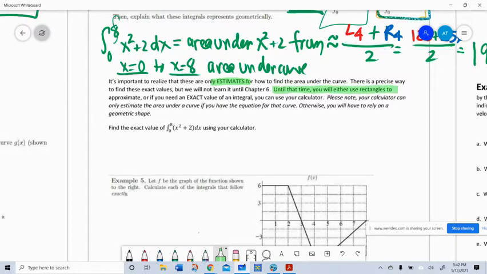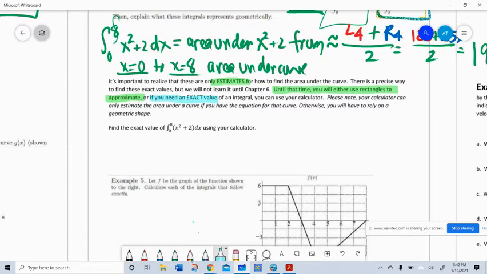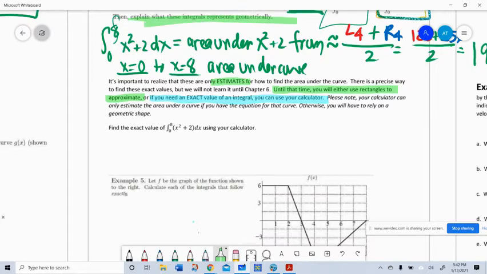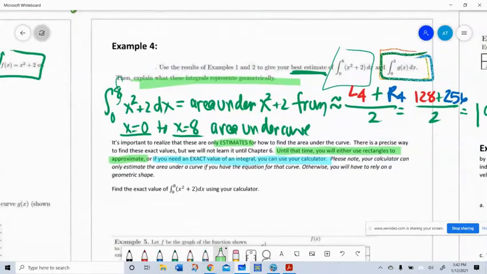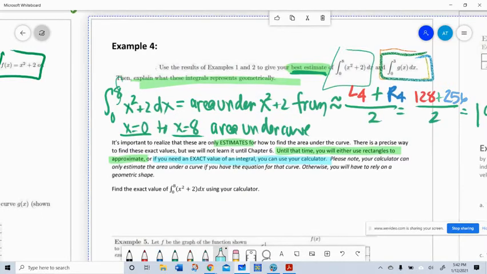But until that time, you will either use rectangles to approximate, or, and this is kind of an important one, if you need to find an exact value, you can use your calculator. So what we did up here was the approximation, right? We estimated.